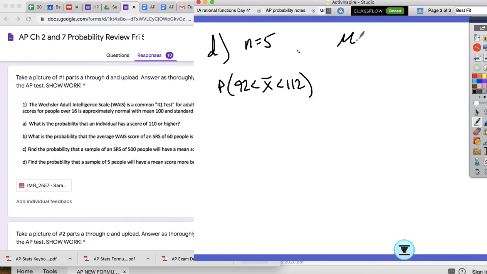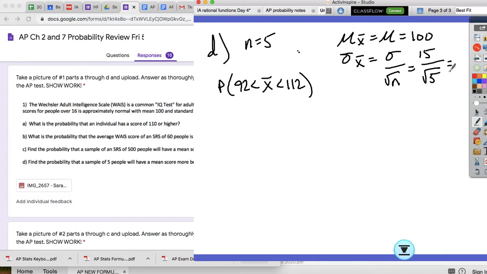All right, so again, the mean is going to remain 100. The standard deviation is going to change every time that sample size changes. So now we're dividing by the square root of 5, and our standard deviation will now be 6.71.